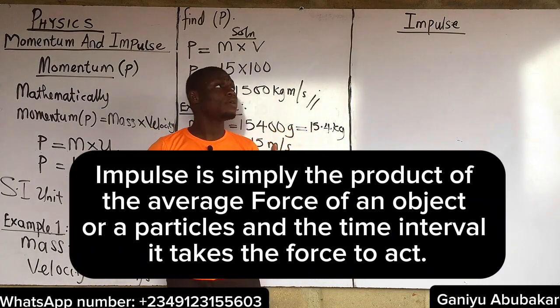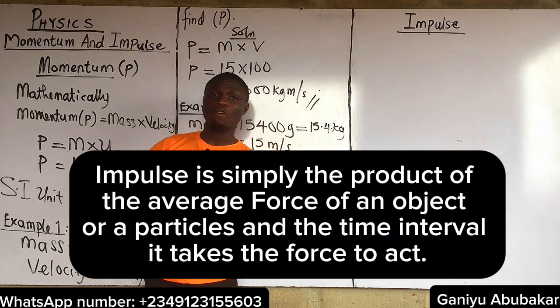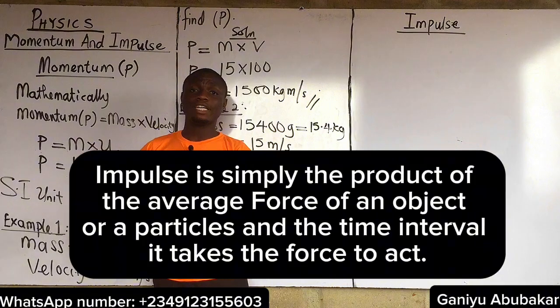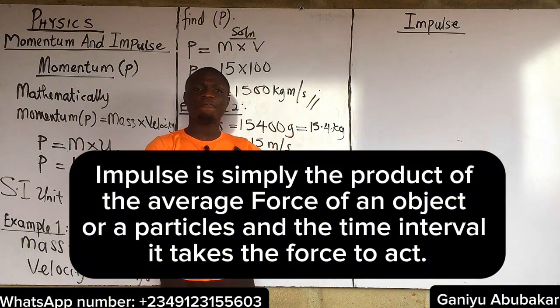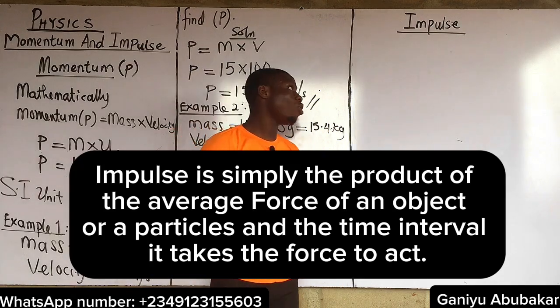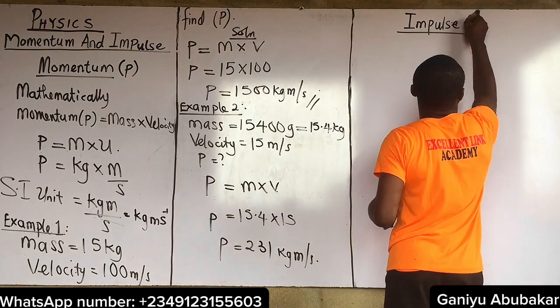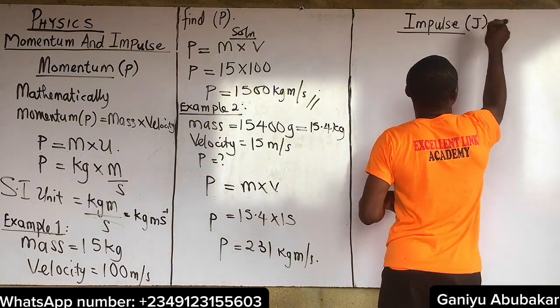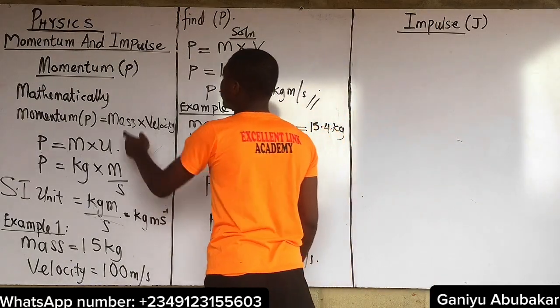That's the definition for impulse. It's represented by J. So note that impulse is represented by J, momentum by P.